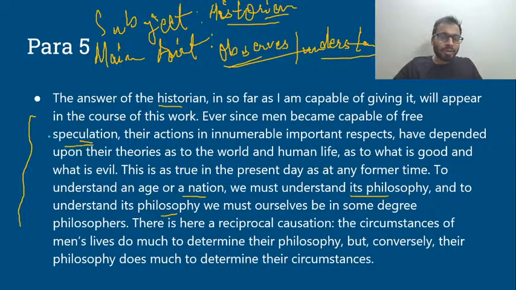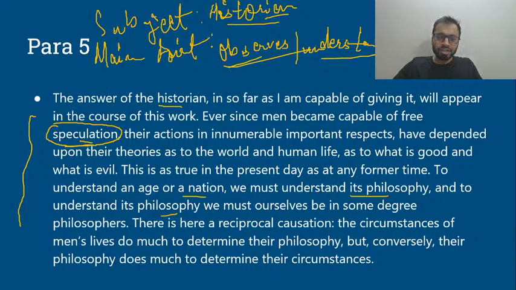So maybe, by speculation, do you mean how we talk about culture, how we talk about time, how we talk about society, how we talk about the civilization? In that respect, maybe your answer also makes sense. Okay, of the world. All right.